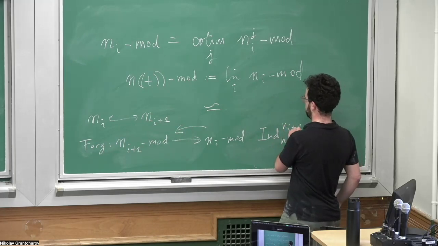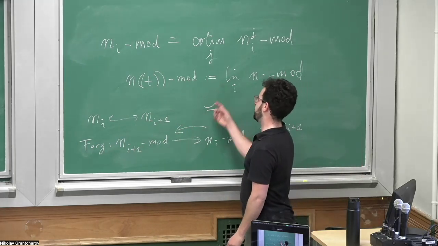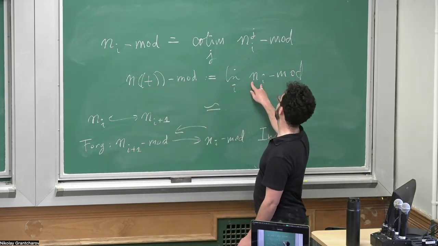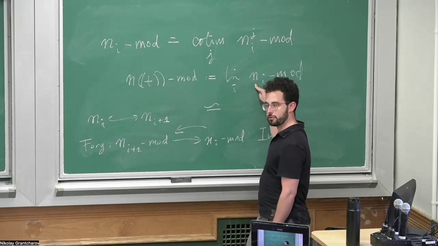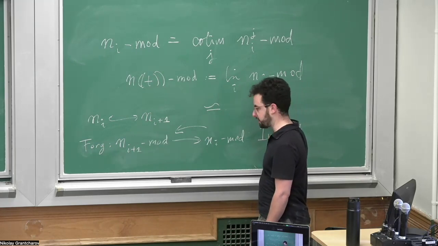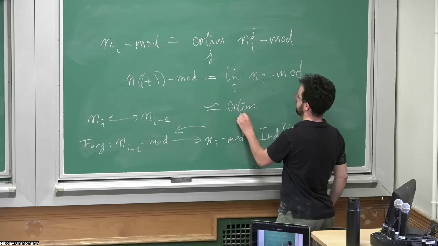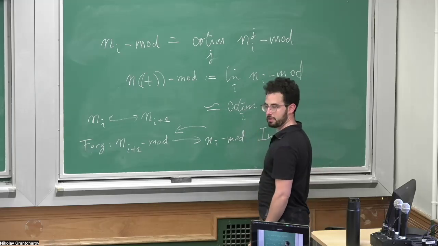So since all these functors have a left adjoint, the limit when the transition functors are given by the forgetful functor is going to be the same as the colimit when the transition maps are given by induction.